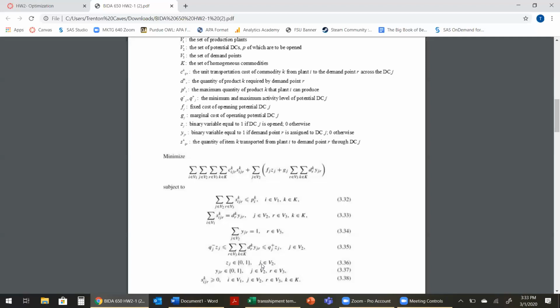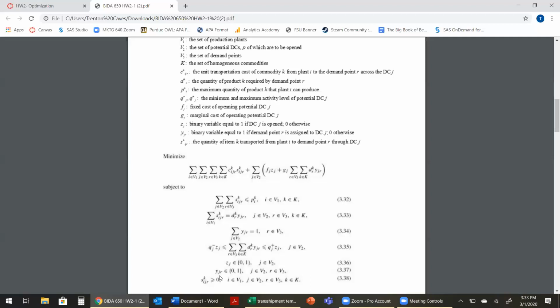So for warehouse 1, if j equals warehouse 1, Z is going to be either 0 or 1. And the next one, the Y_jr, is the demand point r to DC j.